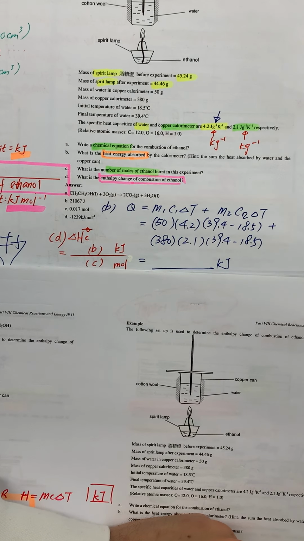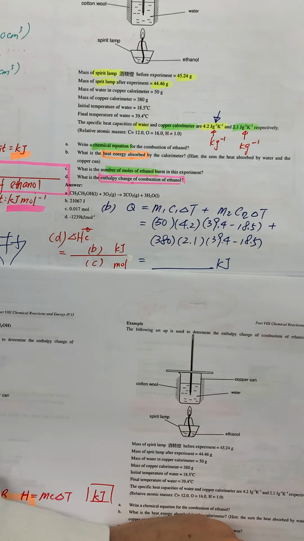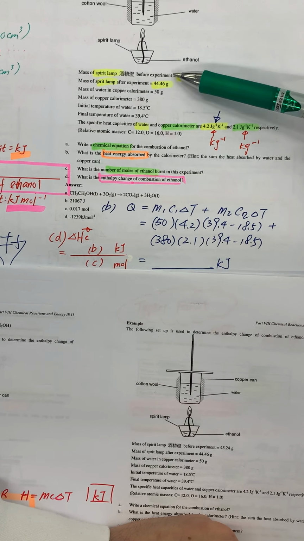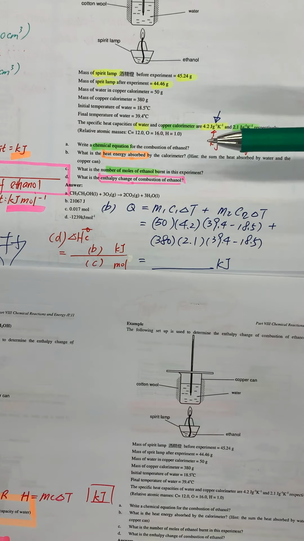You can predict they will not only ask you heat released, but enthalpy change. Before you evaluate the enthalpy change, you need to get the number of moles, right? Number of moles of what? Of course, ethanol. How to get the number of moles? Mole equals mass divided by molar mass. Ethanol, where is the mass?